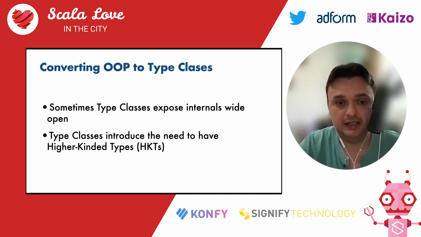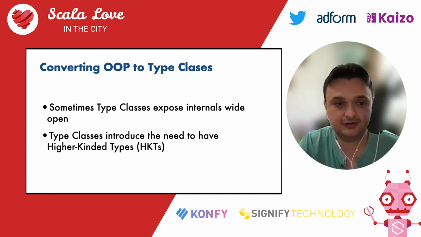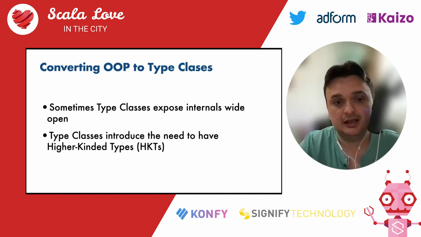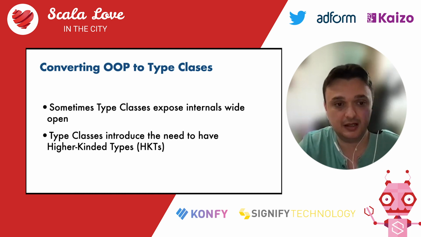And this introduces the need for extra expressivity, extra features in the language. Haskell is a more expressive language than Scala, for example, and in Haskell, it's better to talk about higher-kinded types than in Scala. So in Scala, we need good taste for when to use type classes and higher-kinded types.